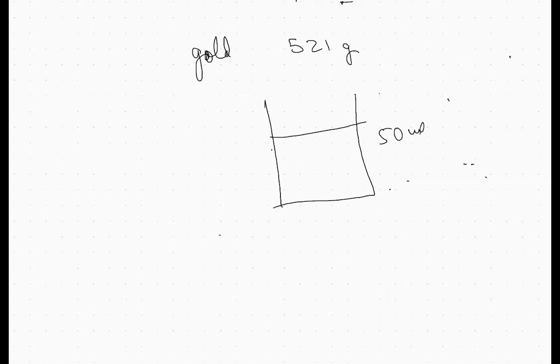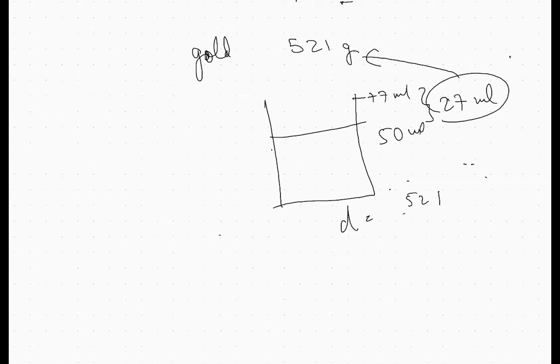So 27 milliliters is the volume of the gold. So you can find the density. That's what they're asking. So 521 mass divided by volume, right? 521 divided by 27. I get roughly 19.29. So we'll say 19.3 grams per milliliter.